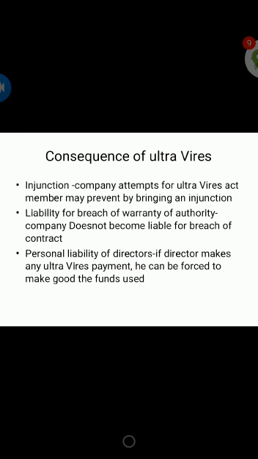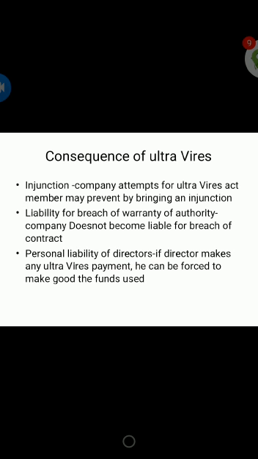Injunction means authoritative warning. And the next is liability for breach of warranty of authority, or we can say it is a breach of contract. So what happens? Directors who are working in the company are the agents of the company, right?